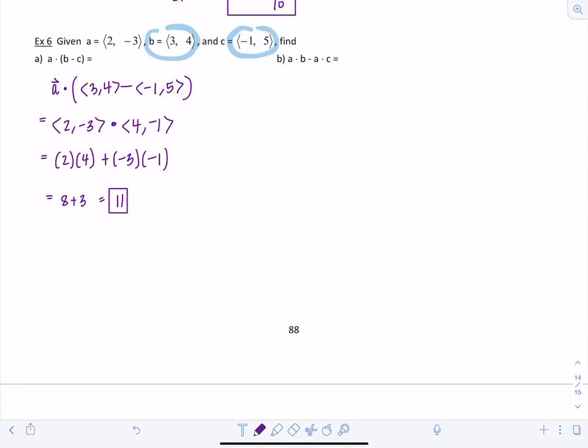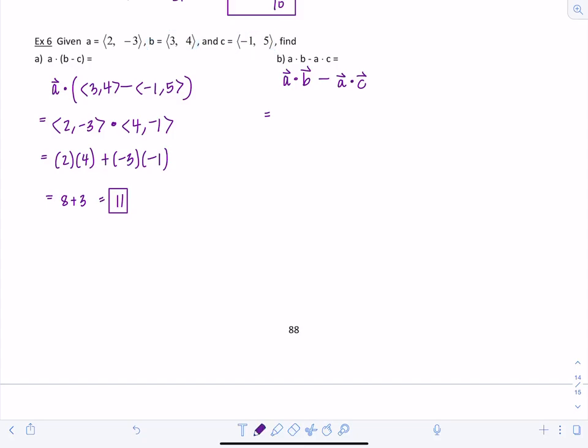Next, we have A dot B minus A dot C. Okay, so we do the dot products first and then subtract, kind of like our normal order of operations. So A dot B, how comfortable are you guys? Can you do it in your head?